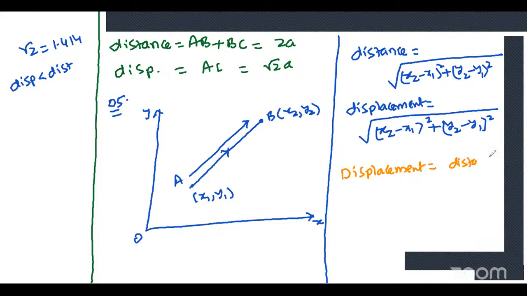Whenever the particle travels in a straight line, distance equals displacement. So in all the cases, I can say displacement is less than or equal to distance, or the ratio of displacement to distance is less than or equal to 1.